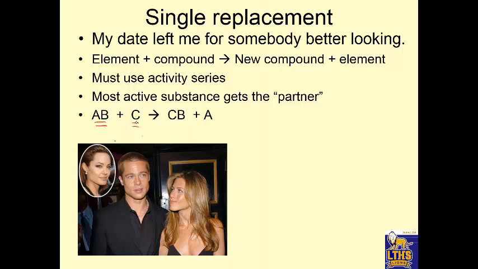So the element comes in, kicks out part of the compound. So you get a new compound and a different element. Now for this reaction you're going to need to look at something called an activity series to figure out what's happening. And then the element has to be active enough to kick part of the compound out. Oh look, a little soap opera drama there.